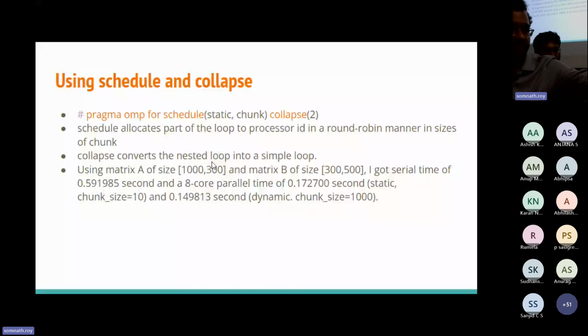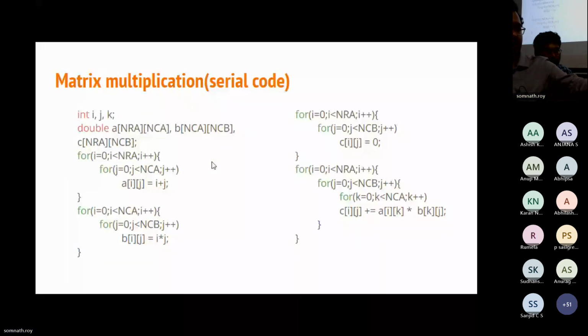So the collapse does what? Converts the nested loop into a simple loop. So it will convert the 2D loop into one-dimensional loop, and then divide it into chunks according to scheduling, and then parallelize and provide the chunks to the threads.